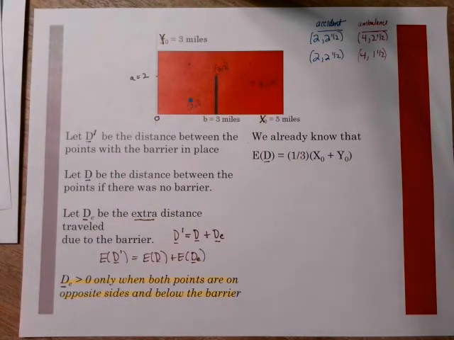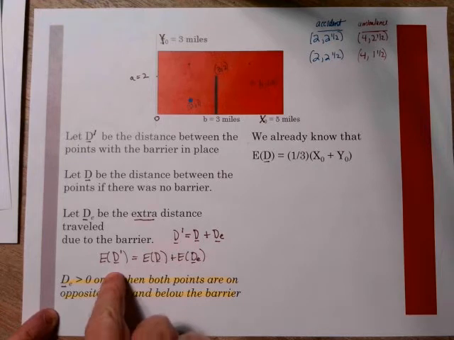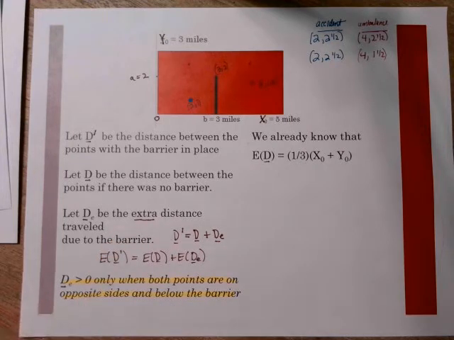Now, if my expected extra distance is because of the barrier, what I'm going to do is break that up and use the law of total probability, although it kind of degrades into something easy to use.